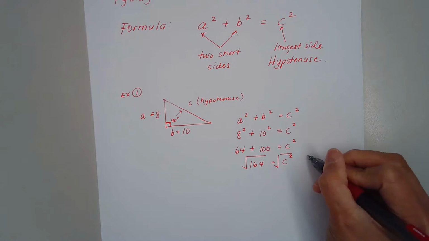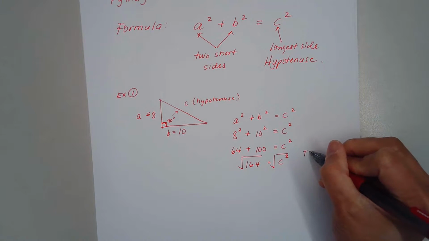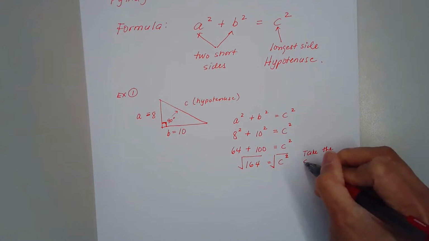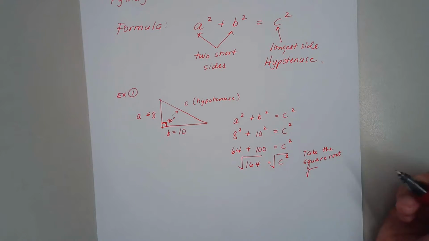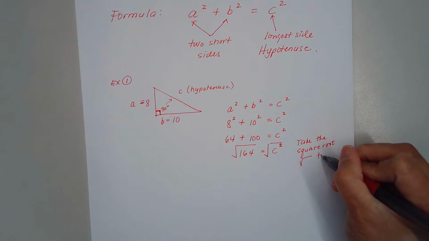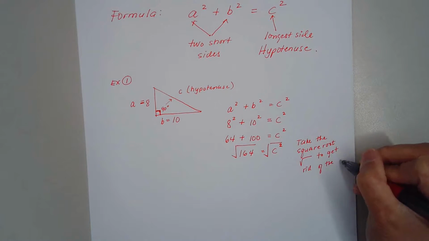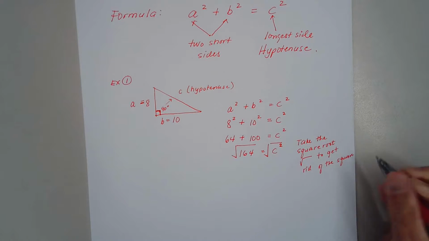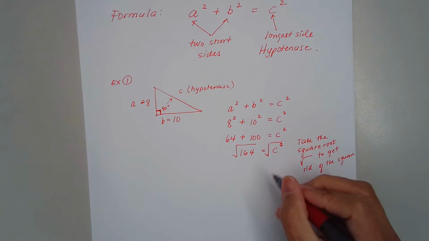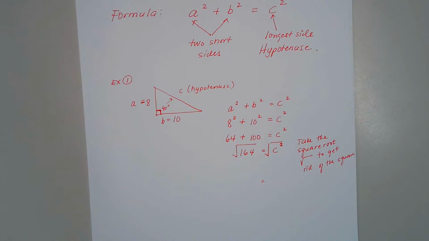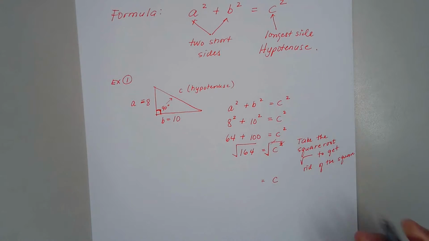I'm going to write here a little bubble to remind ourselves: take the square root, which is this symbol, to get rid of the square, the exponent there. The squaring and the square root cancel each other out, so we're left with c.